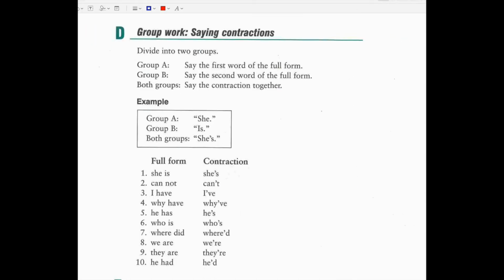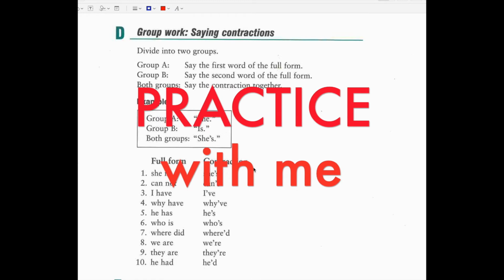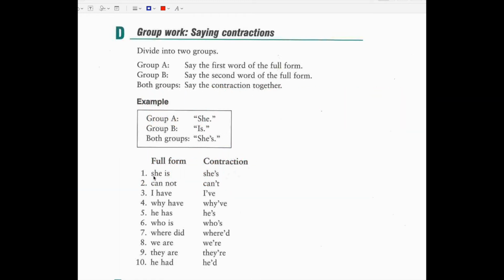Let's practice more contractions with the next activity. In this activity, we will see on the left side the full form of the word, of the group of words, and on the right side the contraction. Practice these with me. She is, she's.